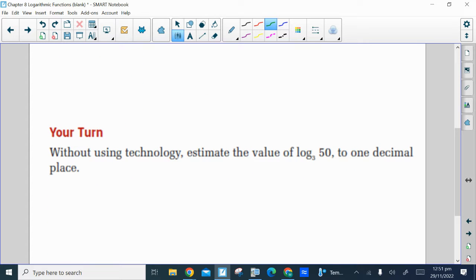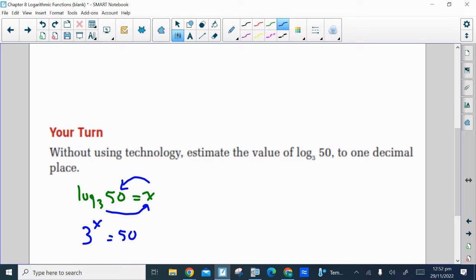And then same thing for this next one, estimate the value of log base 3 of 50. So if we want to know what that is, let's let it equal x. This log has a base of 3, so we write it in exponential form. It'll have a base of 3. To get the order the other pieces go in, start with the base and cycle through. 3 to the power x equals 50.